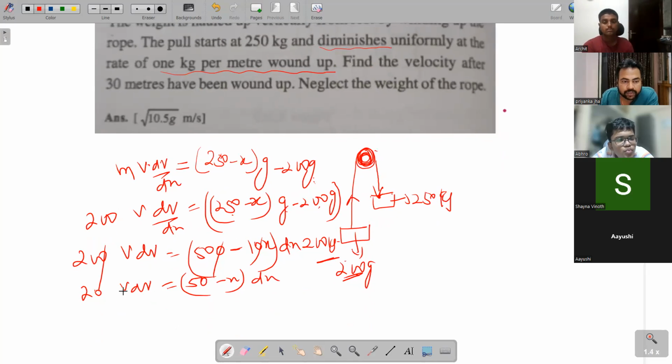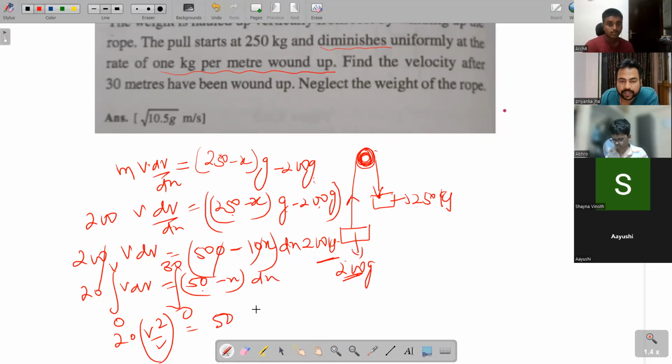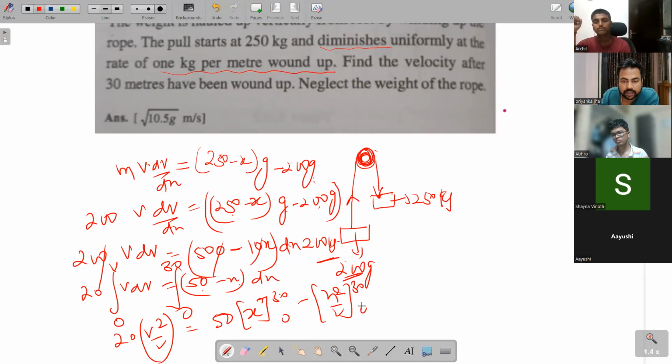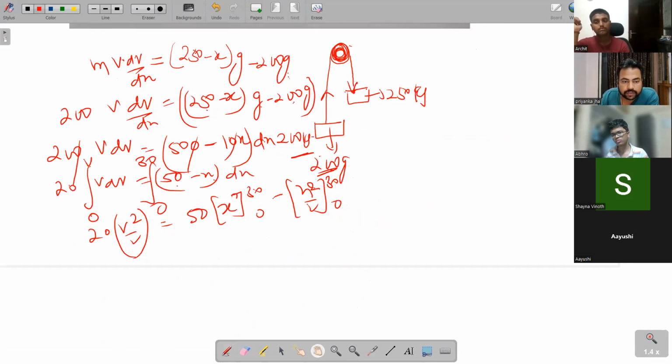Now you just have to integrate this. When x is 0, no velocity. When x is 30 meters, some velocity. So this is 20 into v squared by 2, and here 50, and the integration of dx is x, put the upper limit 30 and 0, minus the integration of x is x squared by 2, upper limit 30 and 0. Now solve it.